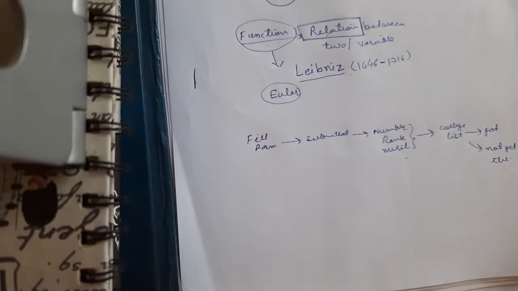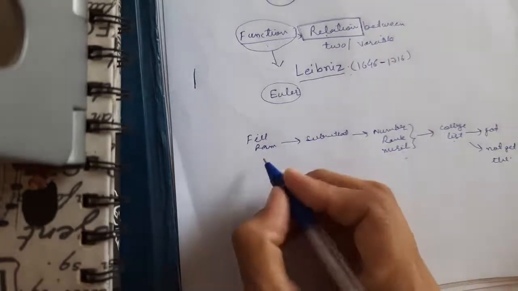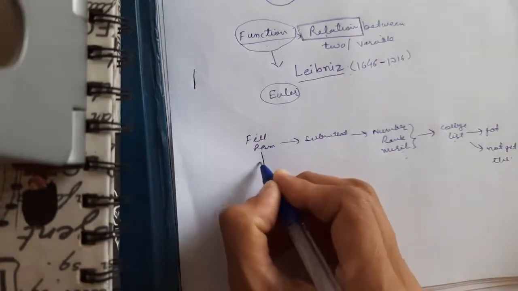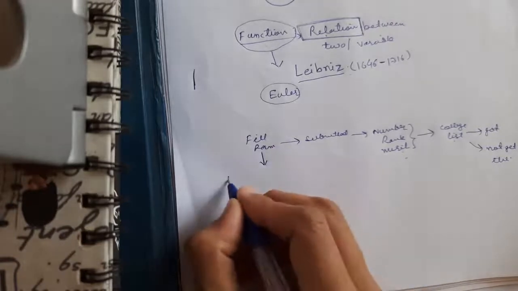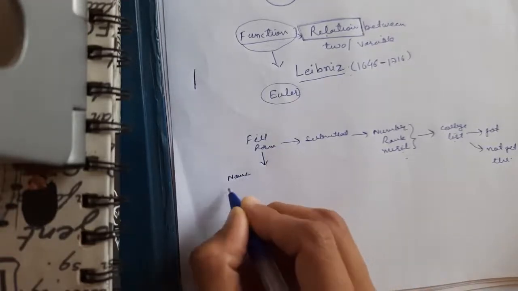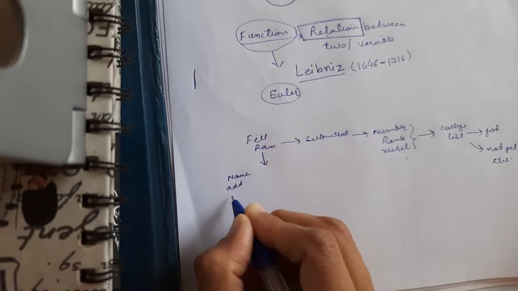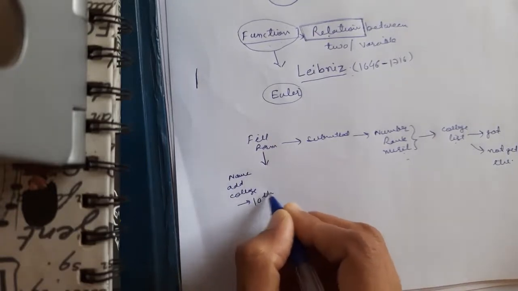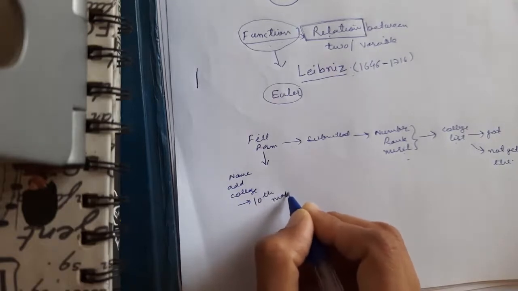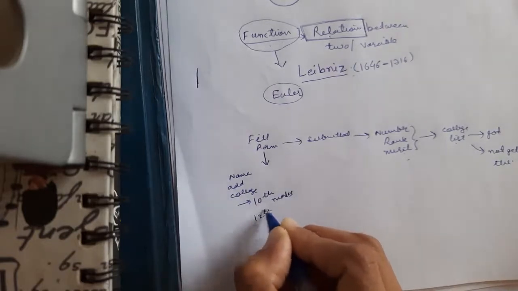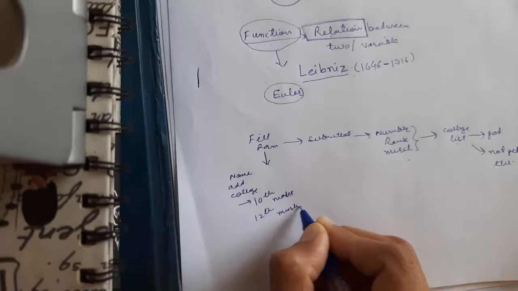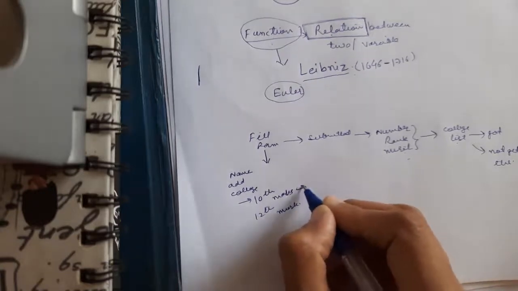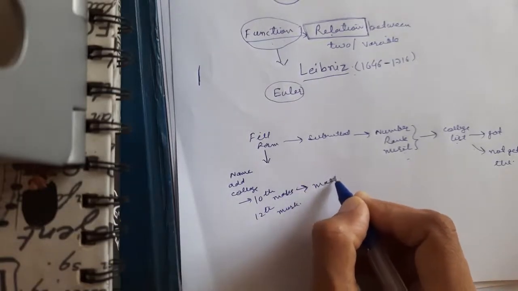Okay, so in this form filling, you just fill in your information. For example, your name, your address, your college, then your 10th marks, then your 12th marks if you have, right? In your 10th marks you fill in your maths marks.